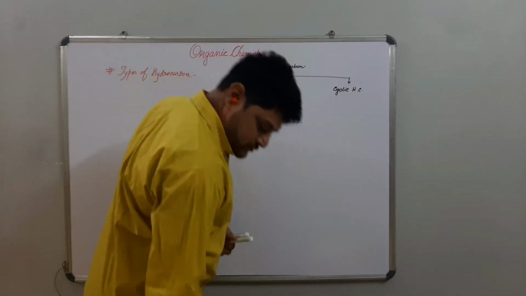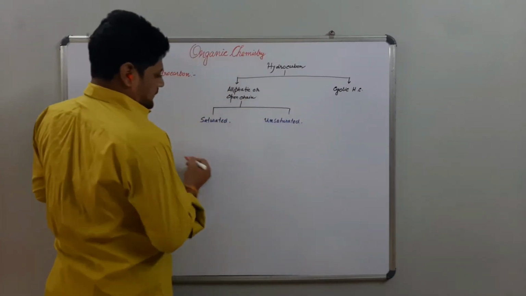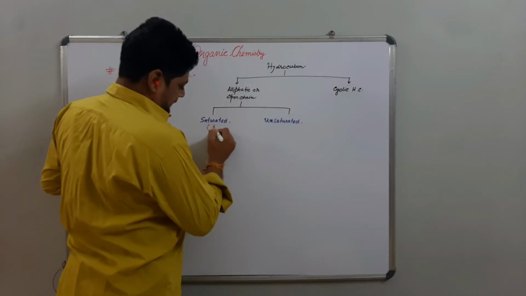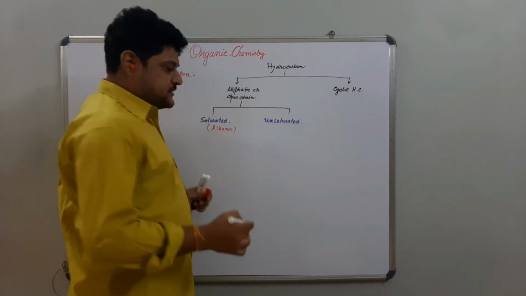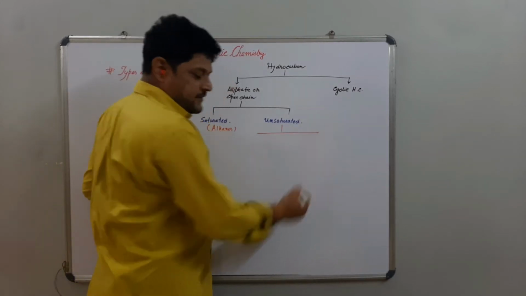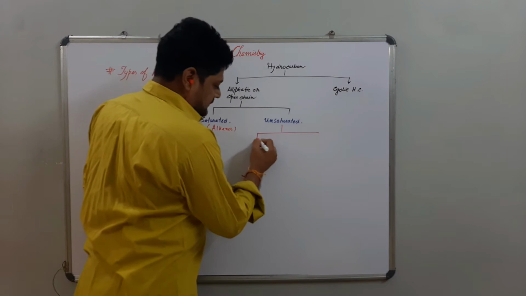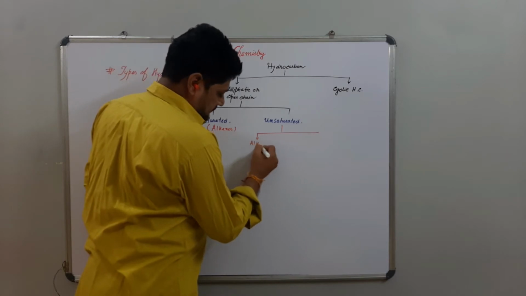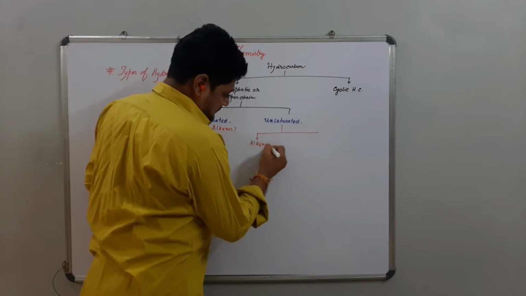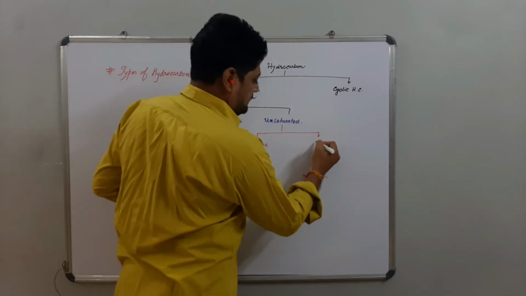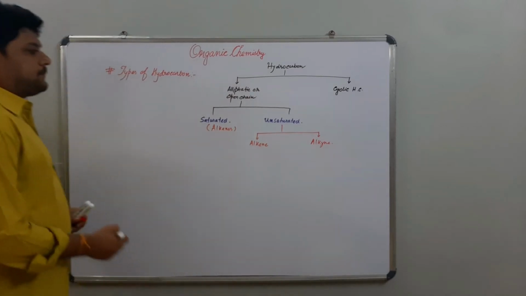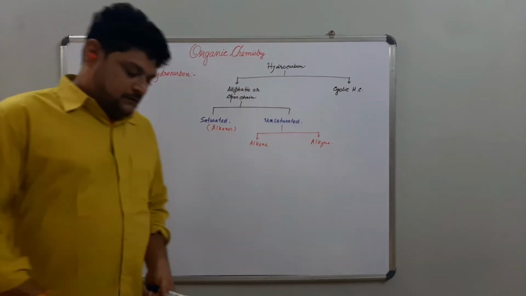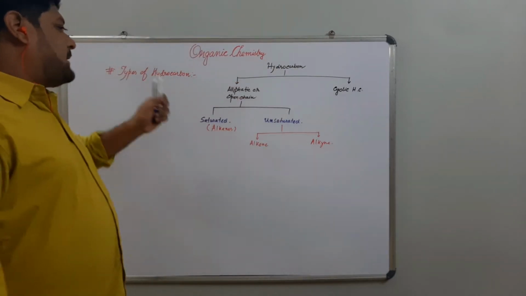Now saturated hydrocarbons are nothing but the alkanes, and unsaturated hydrocarbons are subdivided into two parts. One is alkene and alkyne, okay. So these are the basic types of hydrocarbons.